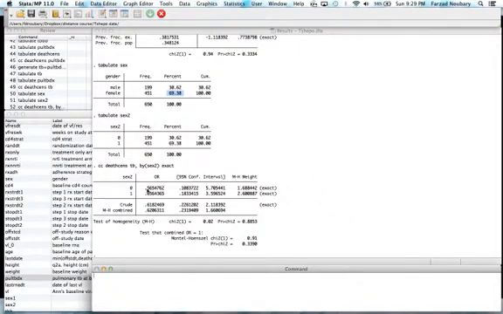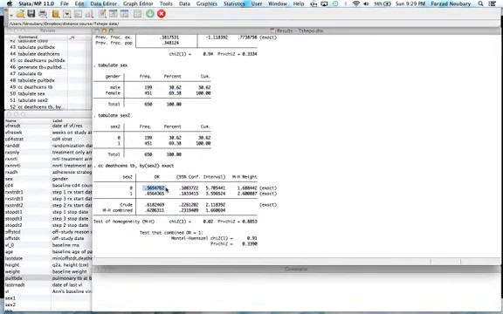Okay, and so it gives me, if I look here, sex equals 0. That's males. Okay. So here's the odds ratio for males. Again, that's the odds ratio of death among those without TB compared to those with TB, and that's the reason why it's less than 1.